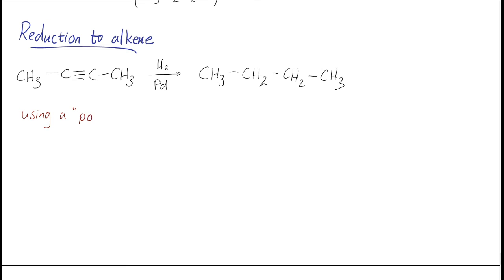we use what's sometimes called a poisoned catalyst, a catalyst that has had stuff added to it to make it a little less powerful. There are a few different ways to do this. The book only talks about one, so we'll stick to that one.